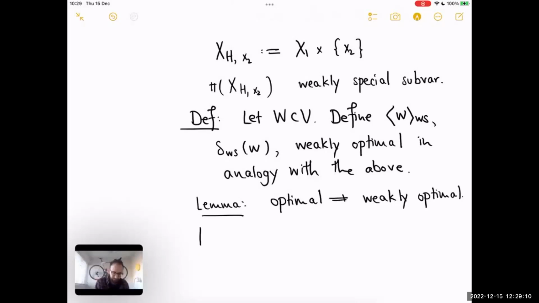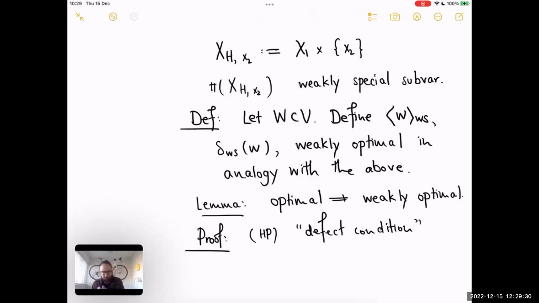Okay, this is due to a property coined by Habegger and Pila known as the defect condition. And what that says is that the difference between weakly special defect and defect can only go down as you go to larger and larger subvarieties.